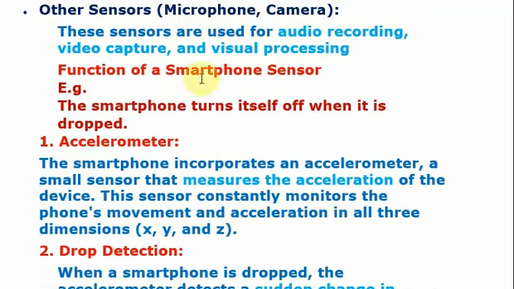Actually, the basic process is, first of all, the sensor will sense. If you keep your smartphone with you, it is not going to feel any acceleration, no? When it's dropped, a rapid acceleration change will be there. Then once it hits the ground, again it will detect a sudden change in acceleration.